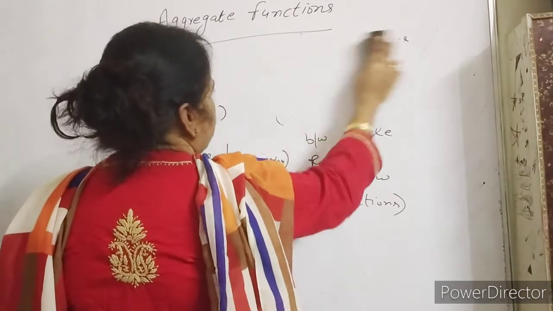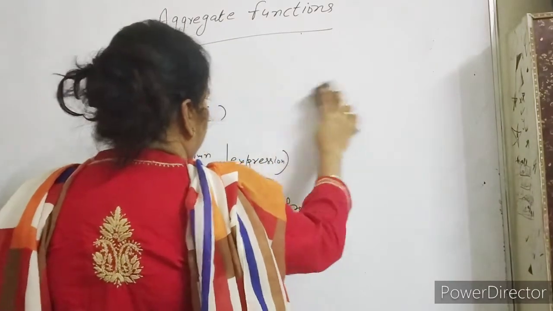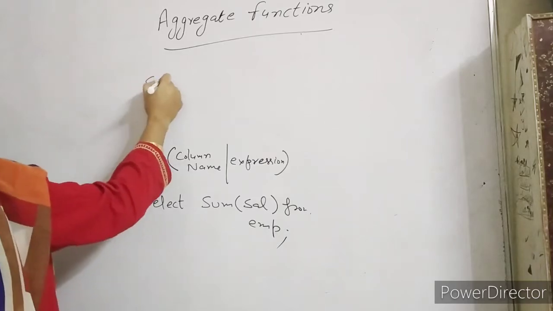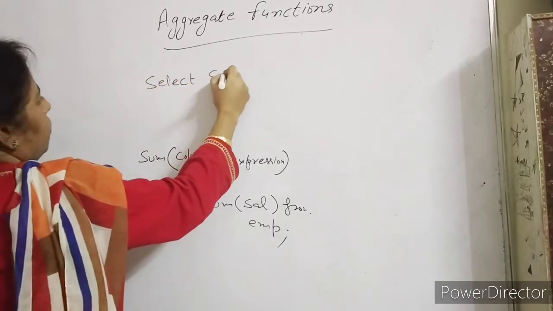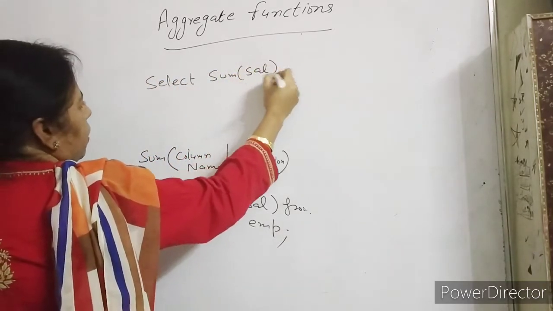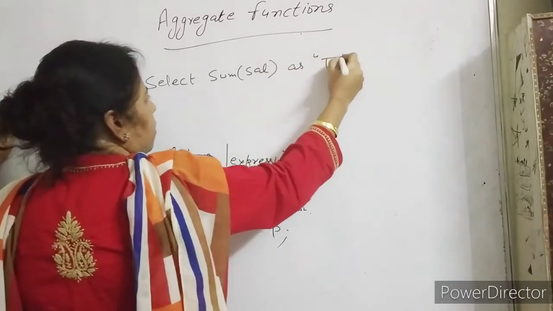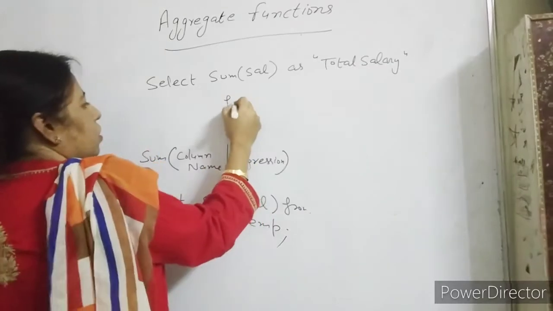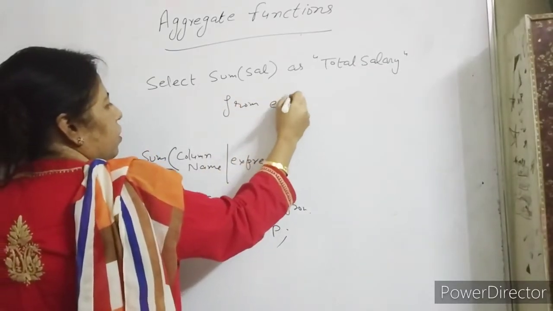If you want to give this value an alias, you can write select sum(sal) as total_salary from EMP.